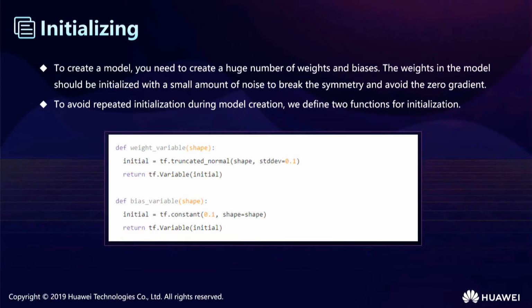To prevent zero gradient and break symmetry, we should add a small amount of noise. To avoid repeated initialization during model creation, we defined two functions for initialization, using tf.truncated_normal for the weights and tf.constant for the bias.